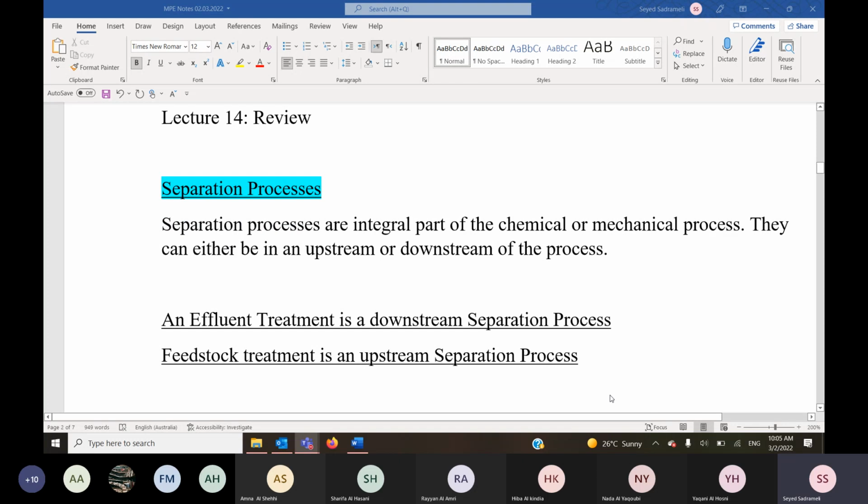For example, effluent treatment is a downstream separation process. Feedstock treatment is an upstream separation process. So the feed, before going to the process, must be cleaned, or the impurities, such as solids, must be removed before going to the process, to the reactor.